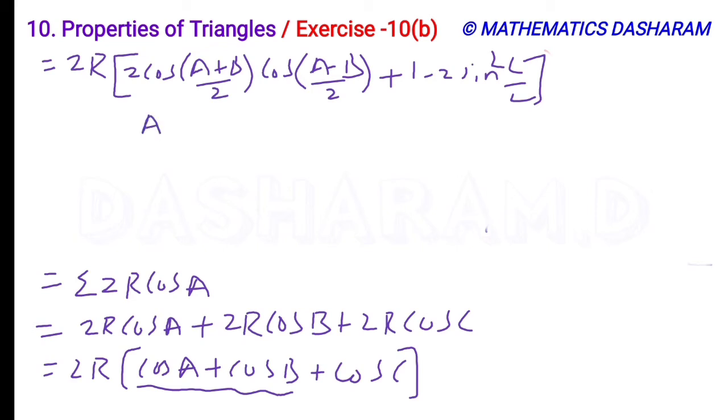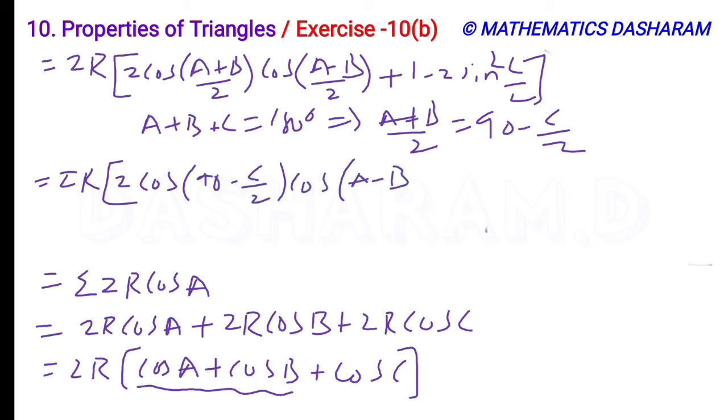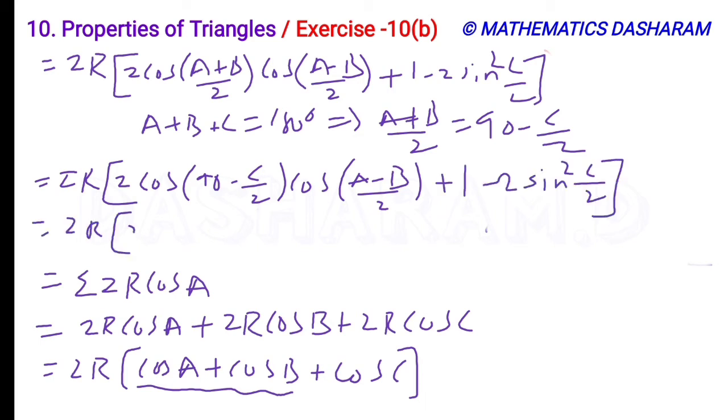But A plus B plus C equals 180 degrees. So from this, (A plus B) divided by 2 equals 90 minus C by 2. So substitute this value. So 2R bracket of 2 into cos (A plus B) by 2, which can be written as cos (90 minus C by 2), into cos (A minus B) divided by 2, plus 1 minus... So 2 into cos (90 minus theta) is sin theta, so then sin C by 2 into cos.